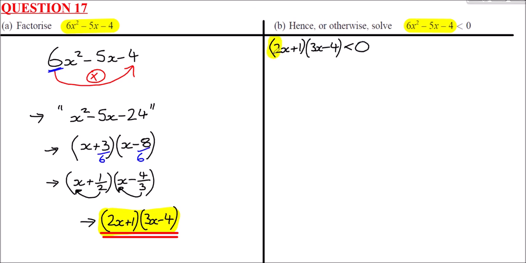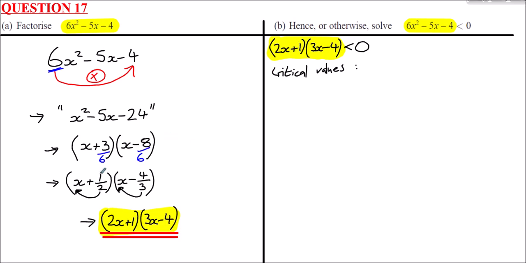So what we can do here, first of all, my suggestion would be to find the critical values which would make each bracket exactly equal to 0. So the critical values we can write down now, because the key thing is 0 here. So one value, what makes this bracket equal to 0, would be x being equal to minus a half.